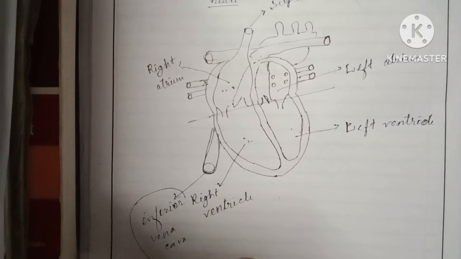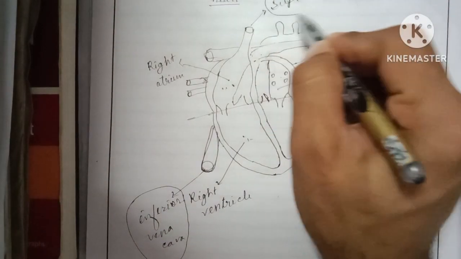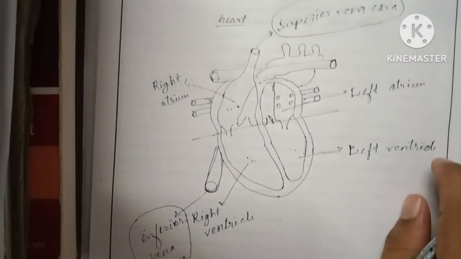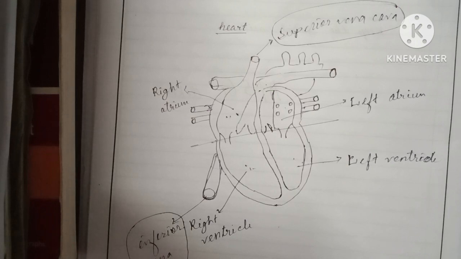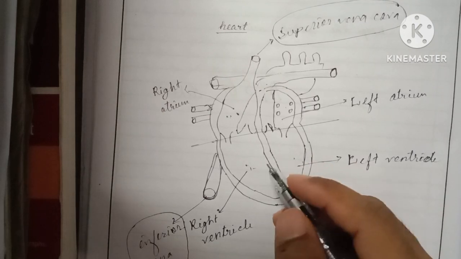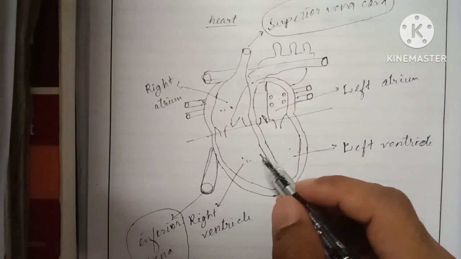So the inferior vena cava collects blood from the lower limbs or lower part of the body, and the superior vena cava collects blood from the upper part of the body. And the coronary sinus collects blood from different parts of the heart.